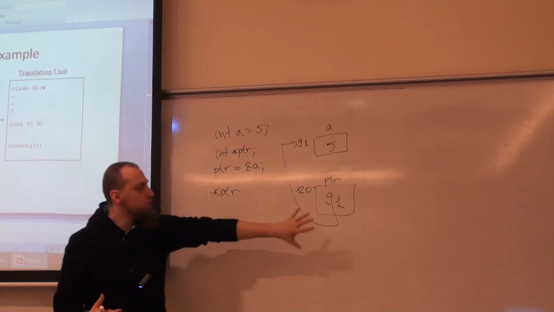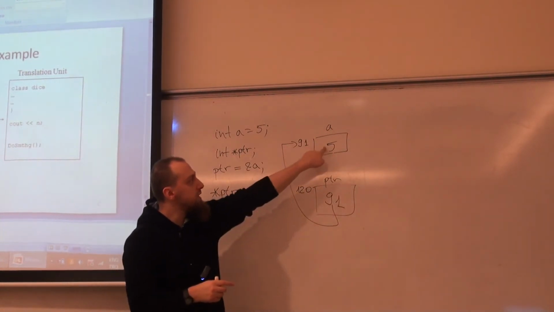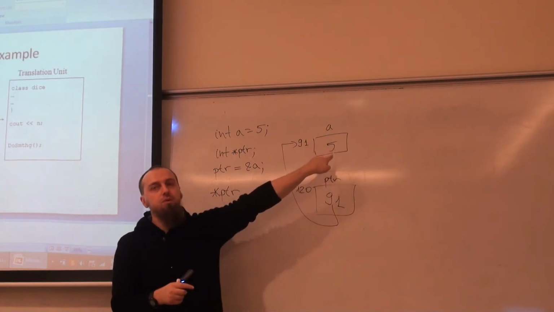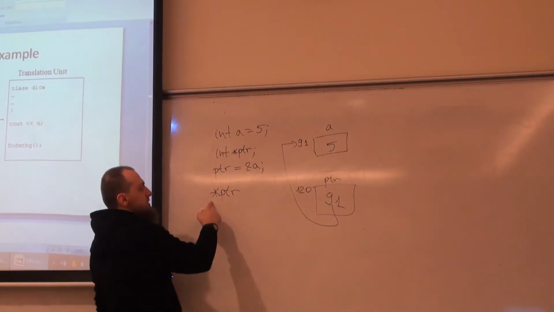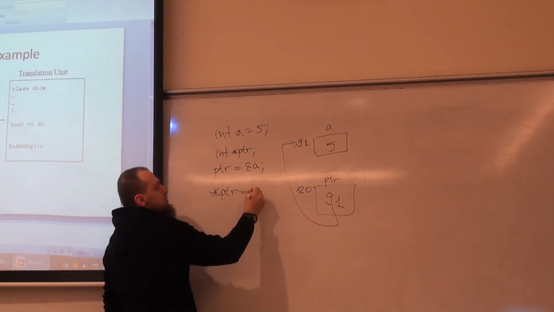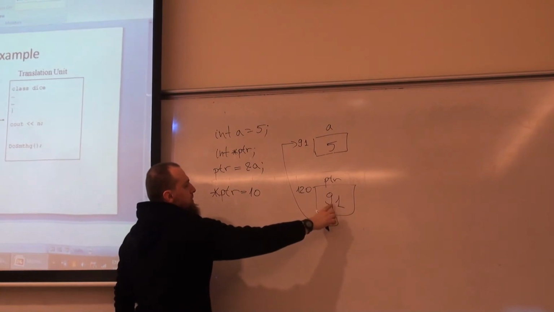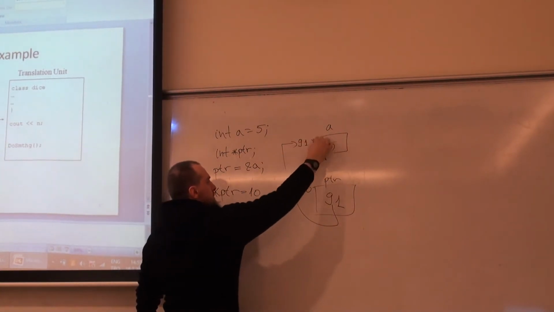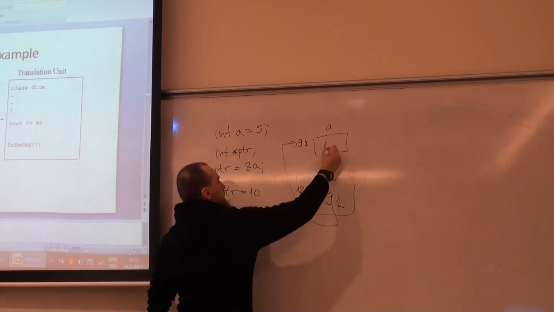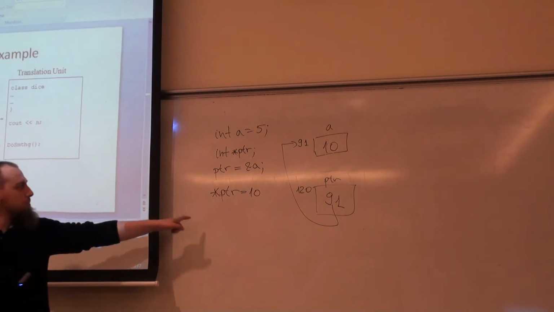But after declaration, we have it in the memory, and I want to access the value to which this ptr is pointing, and I use this, star ptr. And if I say star ptr equals 10, then I go, okay, this is ptr. Value of ptr is 91, and the value to which ptr points is this one. This is going to be 10. Is this clear? Okay? So remember this stuff.